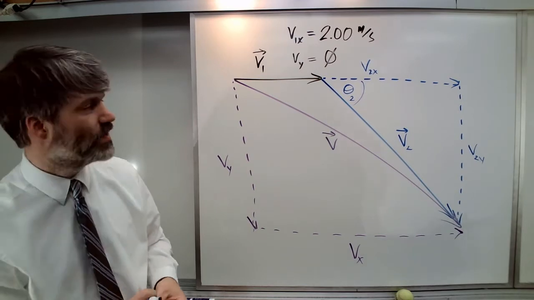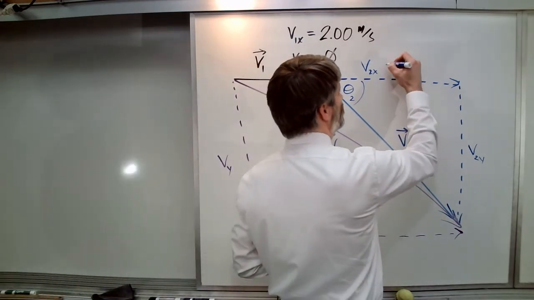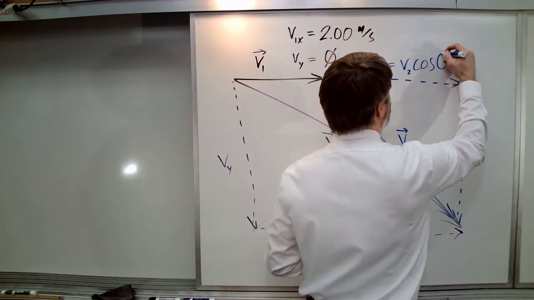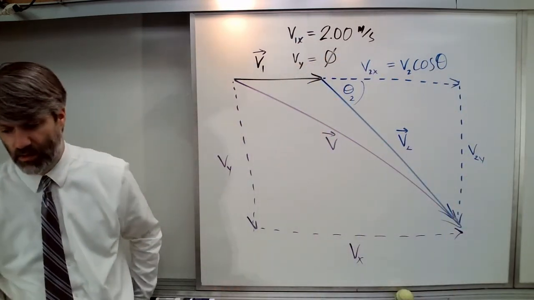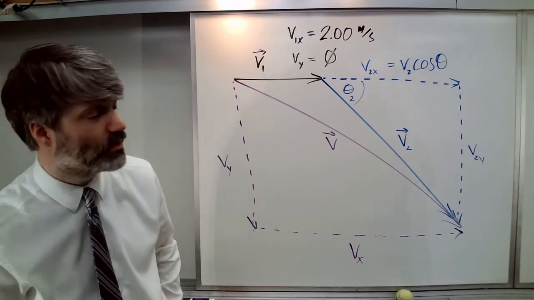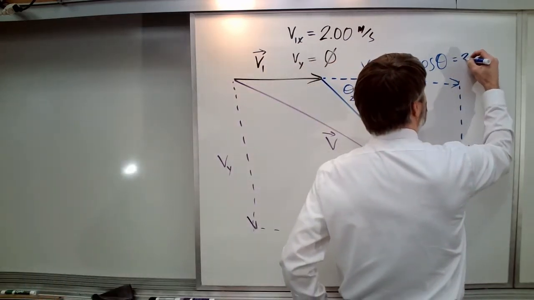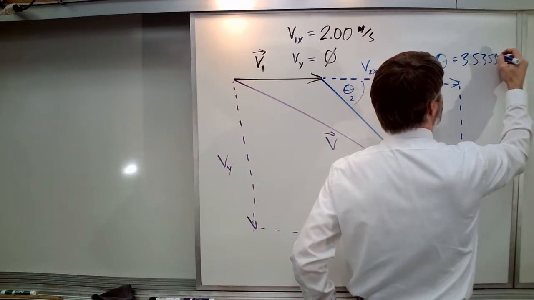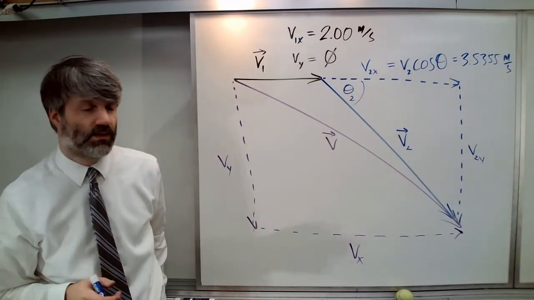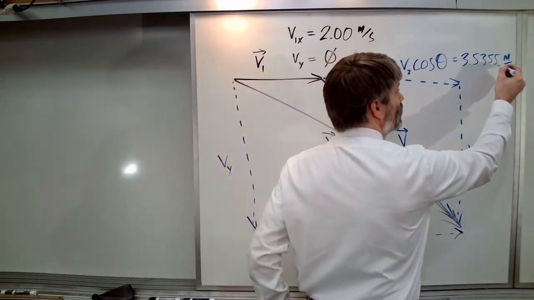So if we find V2's x, V2 cosine of theta, and we put in some numbers, we're going to get a value of 3.5355 something. Mind you, these are meters per second, the units of velocity.